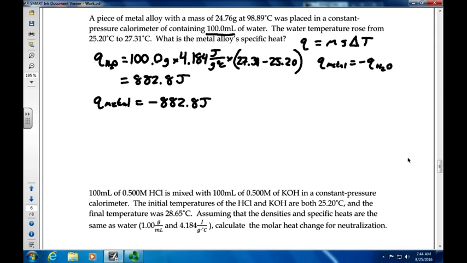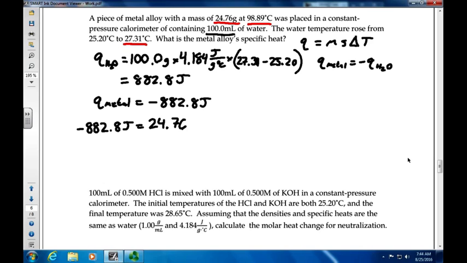So, in calculating the specific heat, we can find negative 882.8 joules is equal to the mass, going back to our original formula. So mass is 24.76. Took it up here. And we know our change in temperature is going to go from 98.89 down to 27.31.